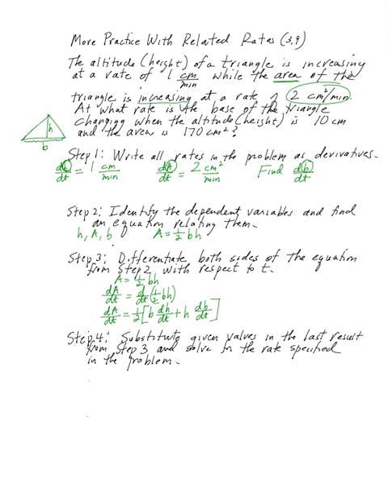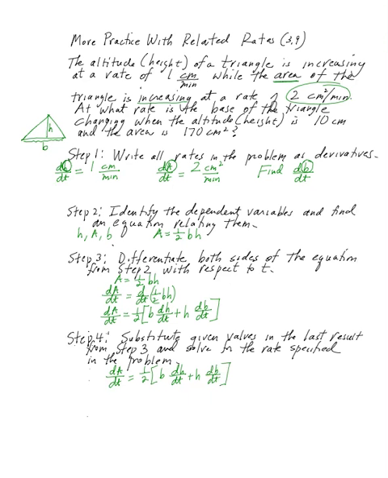Step 4. Take this equation, dA/dt equals 1/2 b dH/dt plus h dB/dt, the equation that resulted from step 3, and plug in the values that you know, and then solve the equation for what the problem asks for, which is dB/dt.